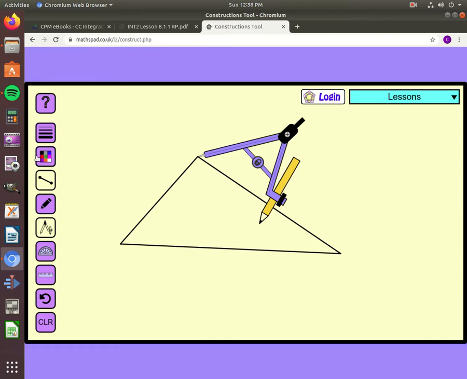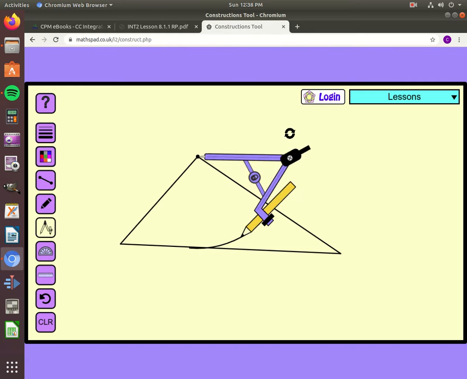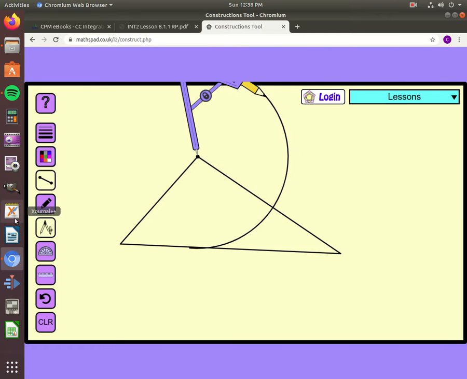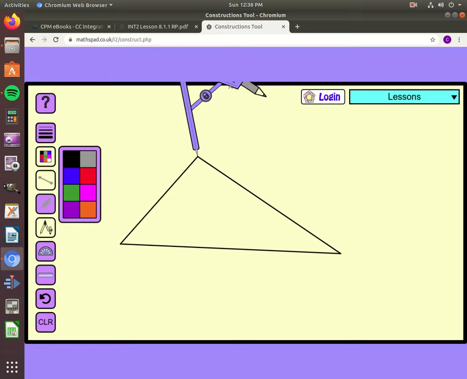Okay, so again, I'm going to go with different colors. I think I'll do one in gray, one in blue, one in red, and then I guess I'll make it in green. So the first thing I'm doing, I thought I chose gray. Okay, now I have gray.